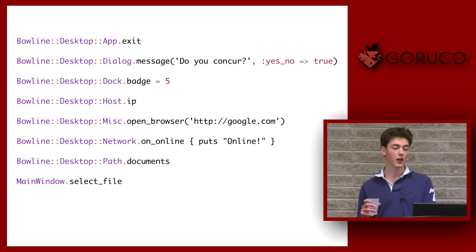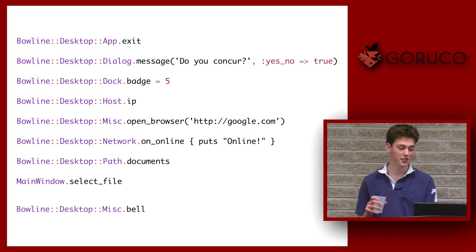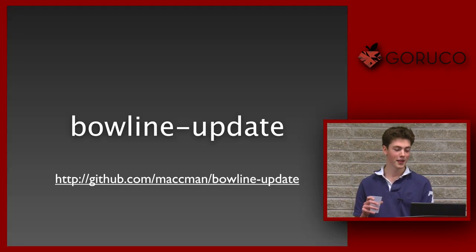You can pass the network a block online, which will be executed when the app gets online. Desktop path gives you cross-platform access to path information, like the user's desktop and the user's documents path. Main window, like I say, every app has a main window, and this for example will pop up a file select box. And no API would be complete without a way to ring the system bell, quite important.